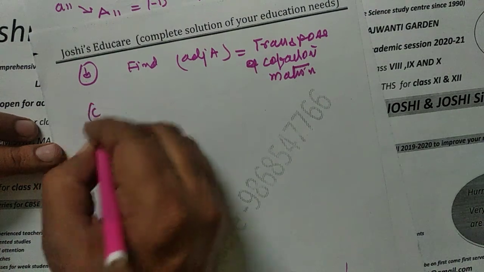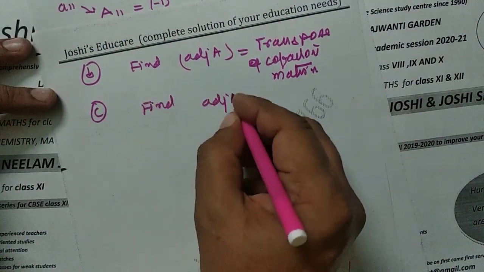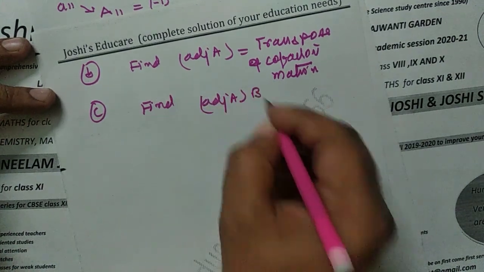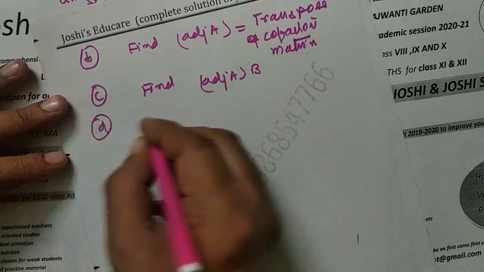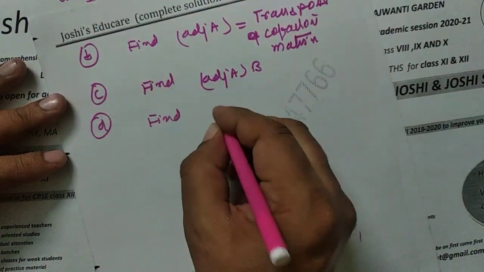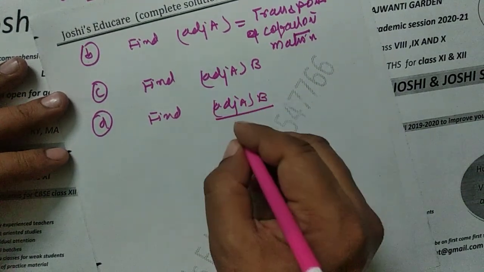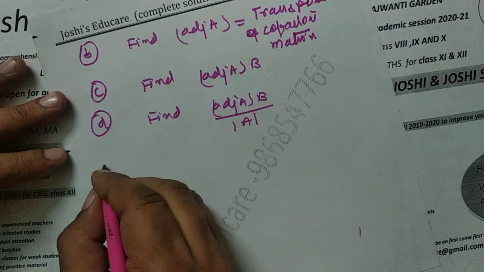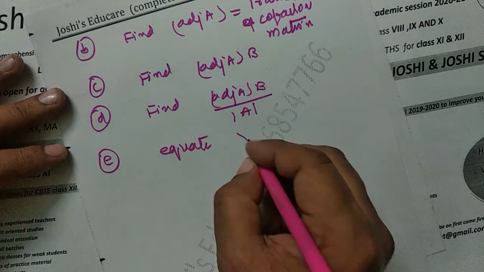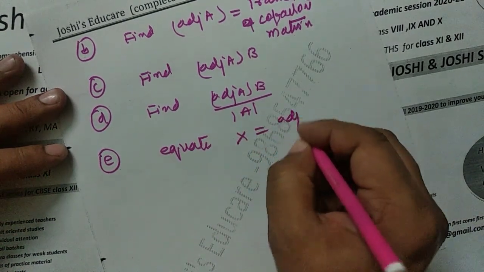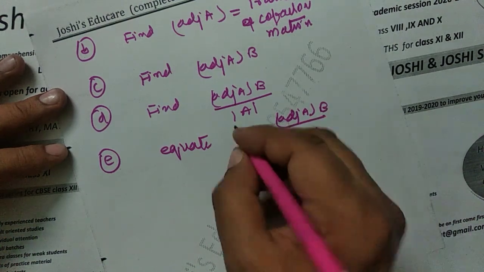C. Find adjoint of A into B. You already have B, so now you find adjoint of A into B. That is C. And D step, find adjoint of A into B divided by determinant of A. And last step E. Equate X to adjoint of A into B divided by determinant of A, and keep in mind this is a column matrix.